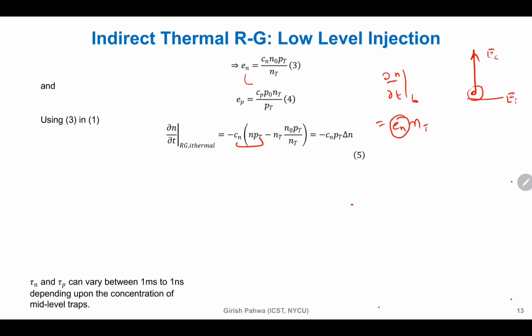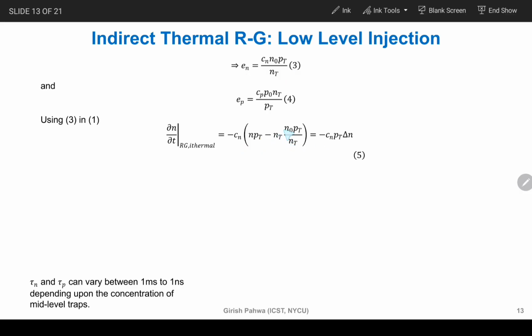Now this En is this. You put your En here, so that will be Cn, which you can take out, and then you have N naught, PT, NT, and this NT is still here. So this is going to get cancelled, NT, right? And Cn is already out, so we can take this PT out.